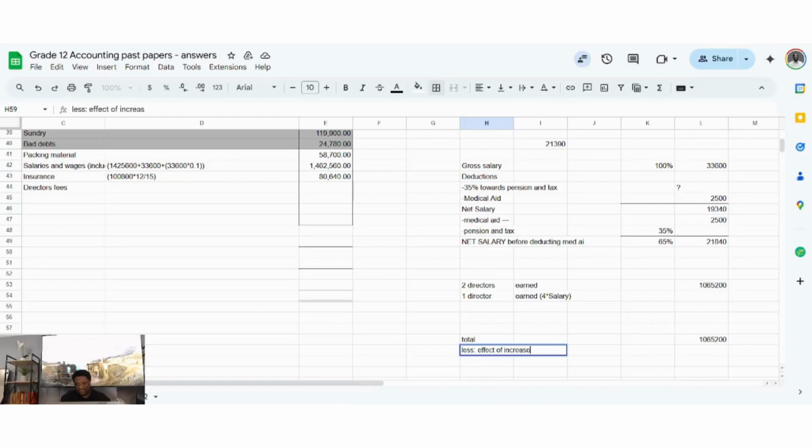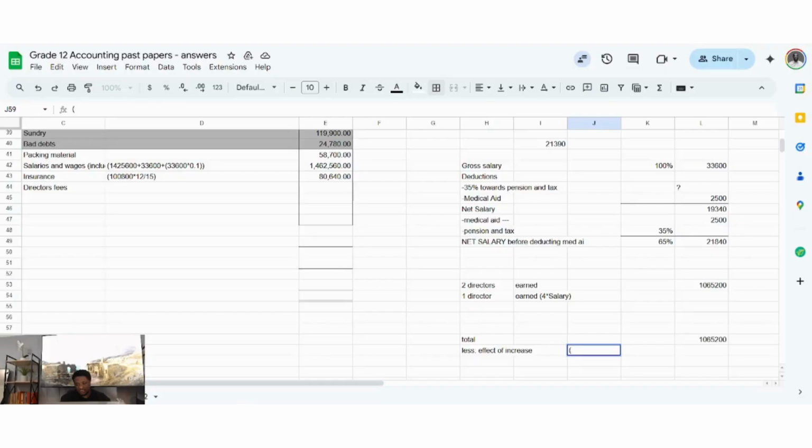So in other words, what we're trying to get here is to work out how much these directors would be earning if they didn't get an increase, because the other director earns the amount before the increase, because they didn't get the increase. It does say in the scenario that they earn the amount that would be before the other directors got an increase. So what do we need to do?